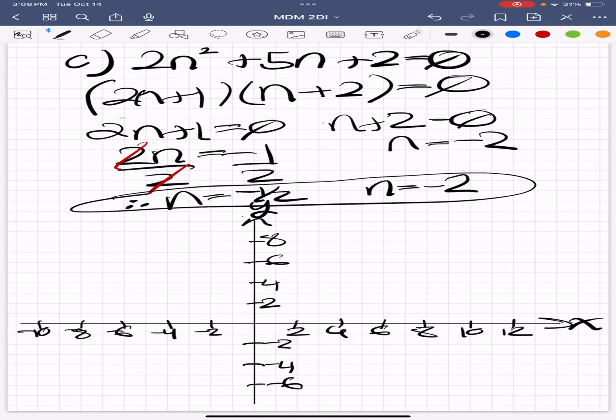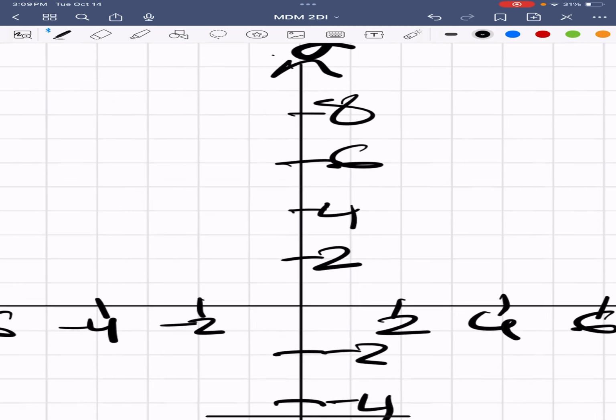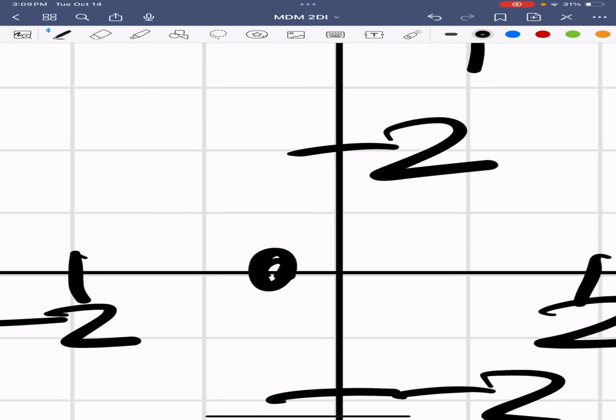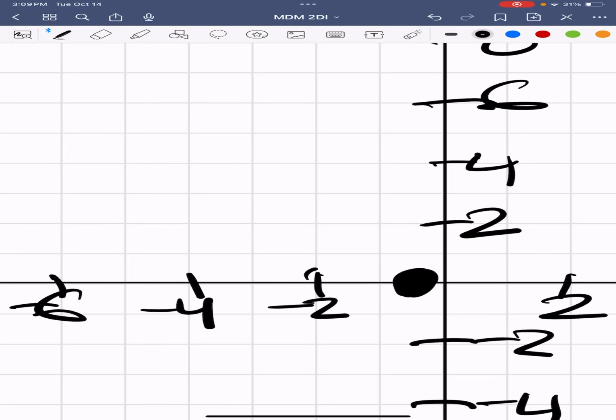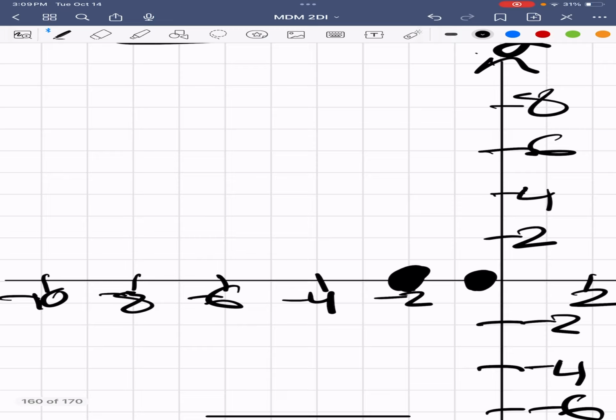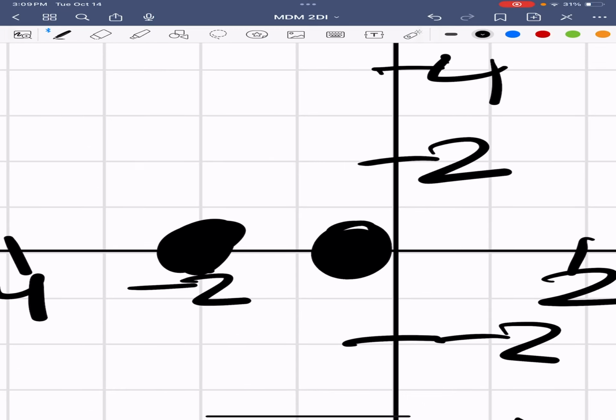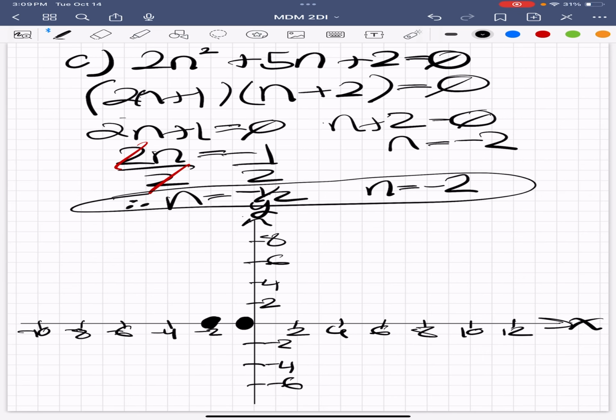And that is our, so we have a negative half, and then we have negative 2.